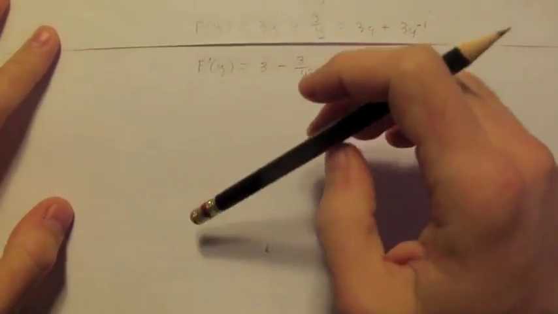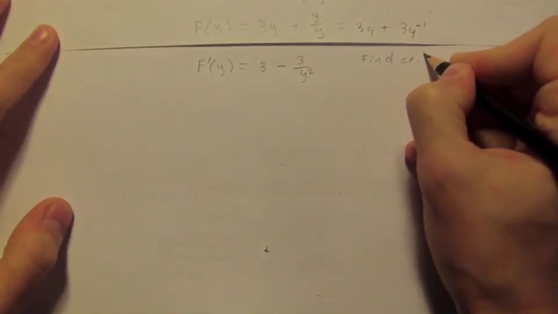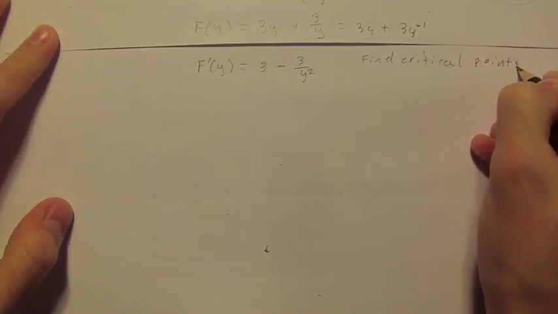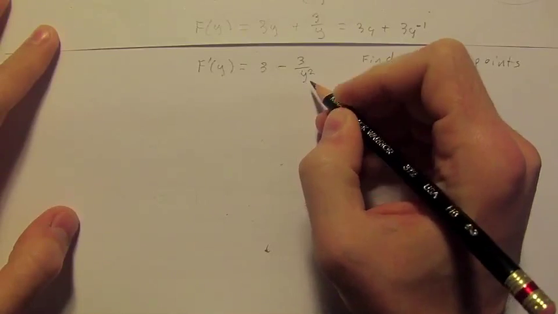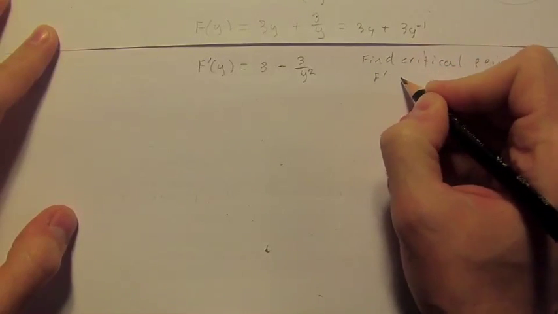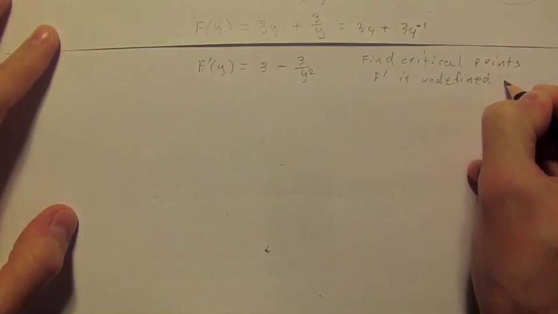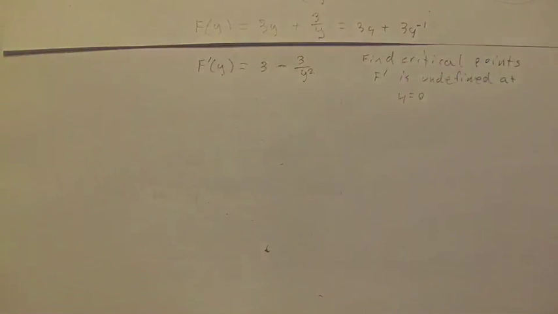All right, now we're going to find critical points. The first thing I'll note is that f prime is undefined at y equals 0, but it's not going to be a critical point because that 0 doesn't make any sense.